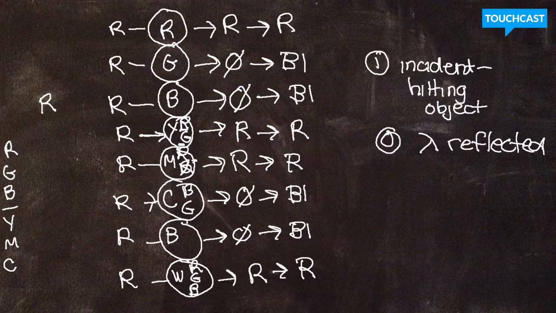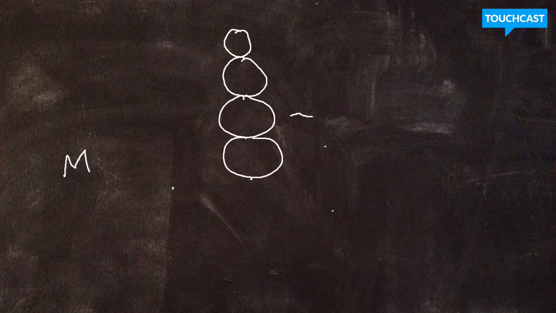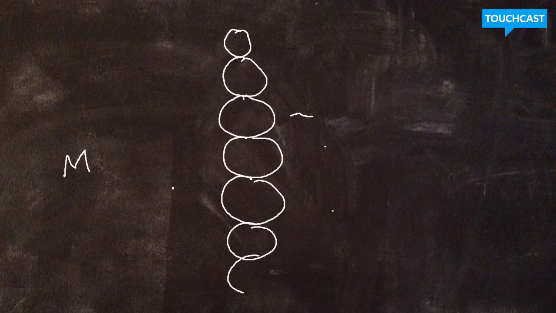Okay, let's do the next one. Okay, so let's now do a secondary color. Let's choose magenta. Okay, so let's do our possibilities. Make them a little bigger. 1, 2, 3, 4, 5, 6, 7.